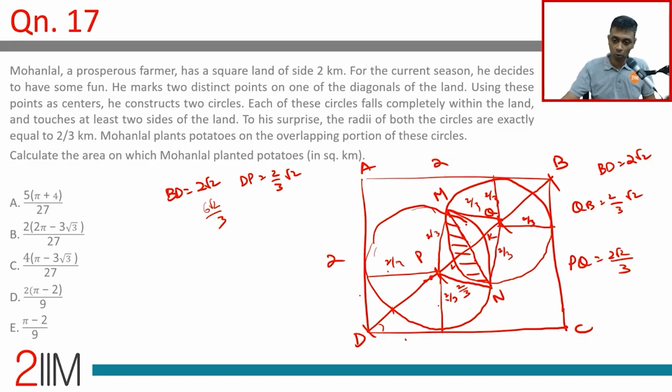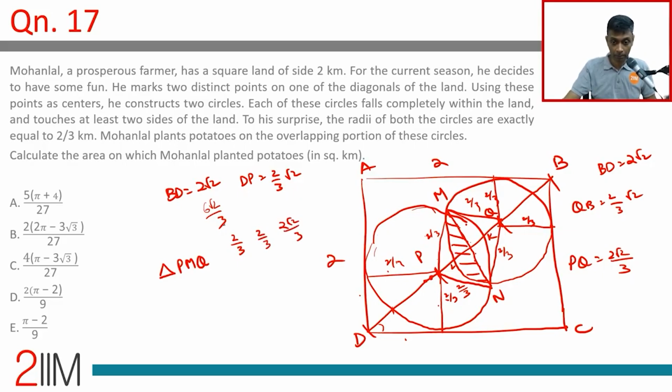Fine. PQ is 2 root 2 by 3. Now just think 1 second. I'm thinking about triangle PMQ. The sides are 2 by 3, 2 by 3, 2 root 2 by 3.